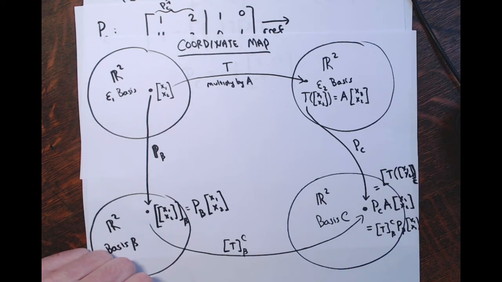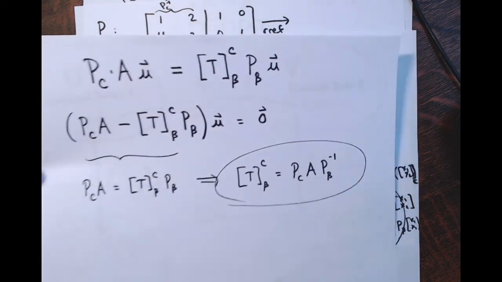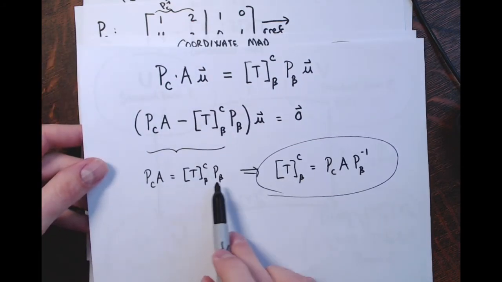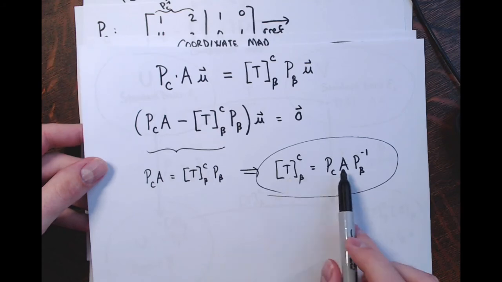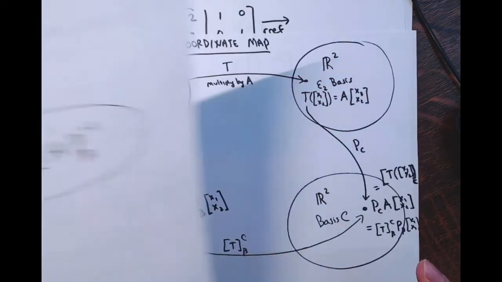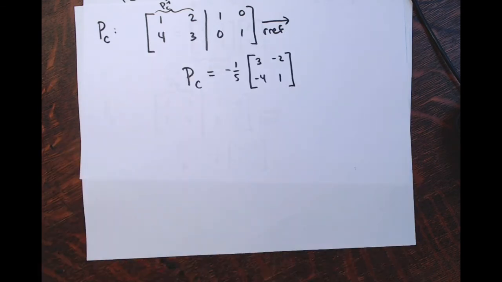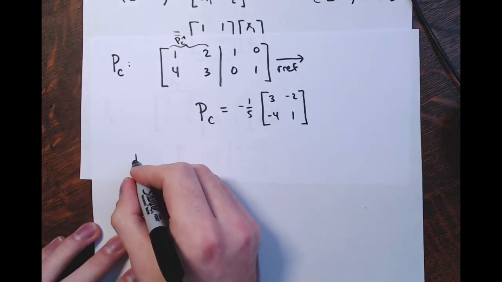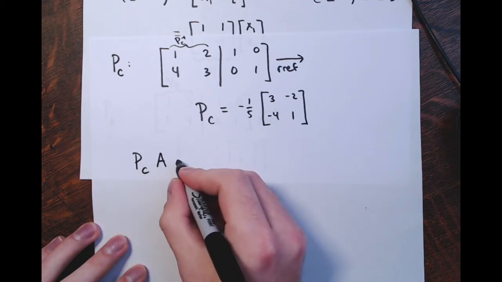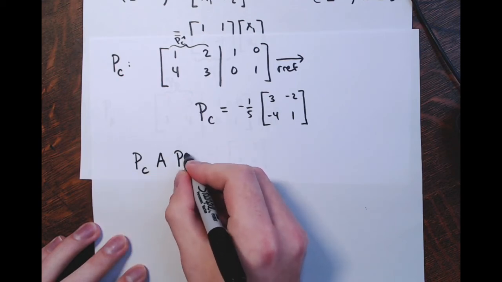Again, you see how these got to be equal, PC times A and our matrix representation times PB. So then this statement would be true. These got to be equal. So then our matrix representation has to be equal to PC times A times PB inverse. Let's see what happens when we do that with this example. Let's do PC times A times PB inverse.